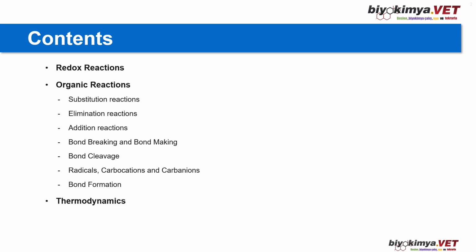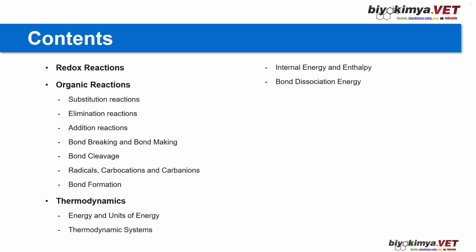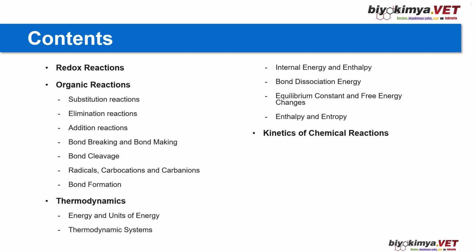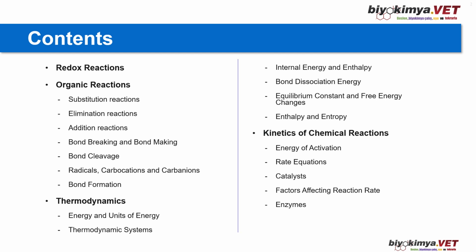The third title is Thermodynamics, in which we will talk about energy and units of energy, thermodynamic systems, internal energy and enthalpy, bond dissociation energy, and at the end, enthalpy and entropy. The fourth and last major title is Kinetics of Chemical Reactions: Energy of Activation, Rate Equations, Catalysts, Factors Affecting Reaction Rate, and Enzymes. So these are the topics.